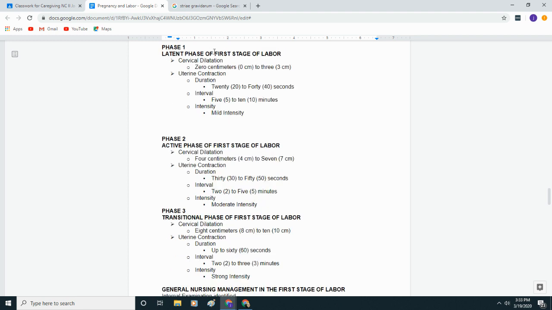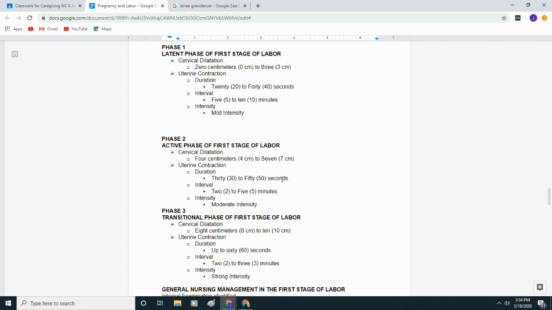In the latent phase of first stage of labor, there is cervical dilation unto 3 centimeters. So uterine contraction, the duration lasts for 20 to 40 seconds with interval of 5 to 10 minutes and mild intensity. For second phase, active phase, cervical dilation of 4 centimeters to 7 centimeters with duration of 30 seconds to 50 seconds.